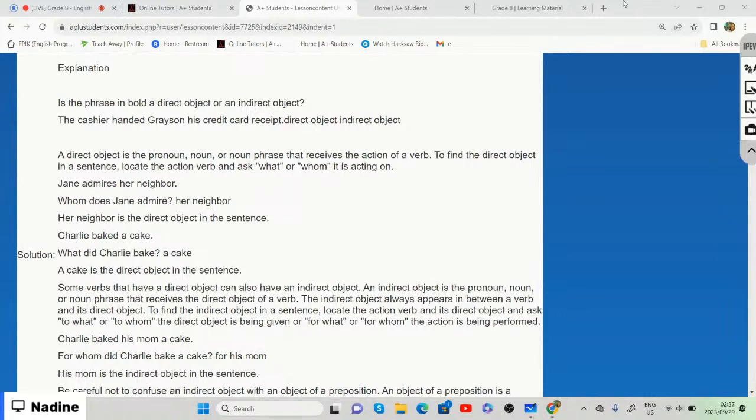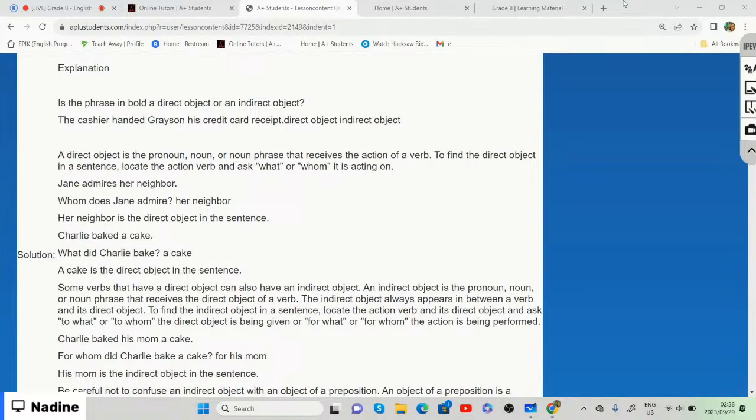In order for us to find the direct object within a sentence, we need to locate the action verb. And we can ask questions like, what is it acting on, or whom is it acting on? If it answers your question, then that is a direct object.